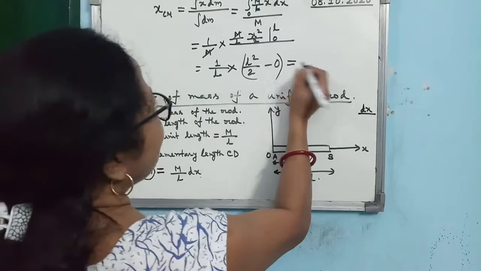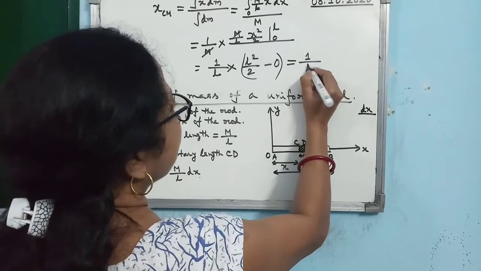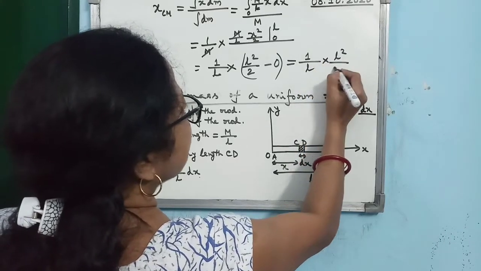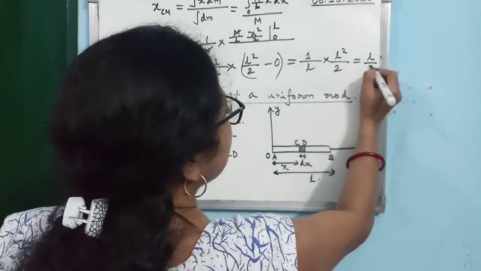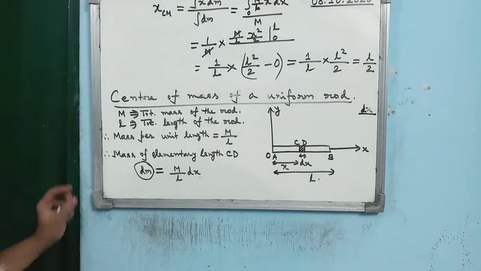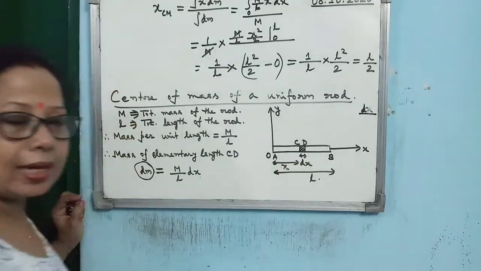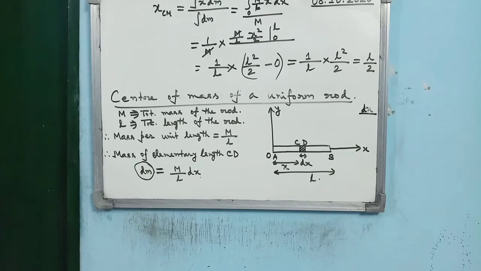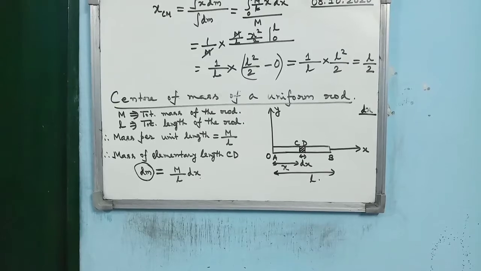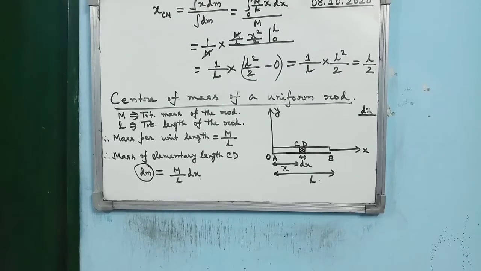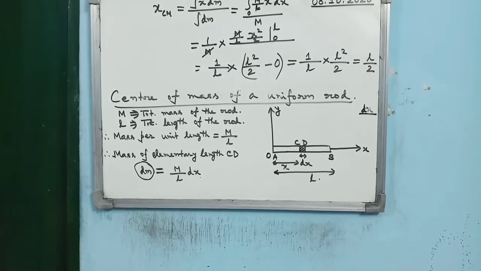On simplification, what are you getting? 1 by L into L square by 2, it means L by 2. So where is the center of mass situated? It is situated at the midpoint of the uniform rod. Alright. So this is the way one can find the position of the center of mass by utilizing all these formulae discussed.